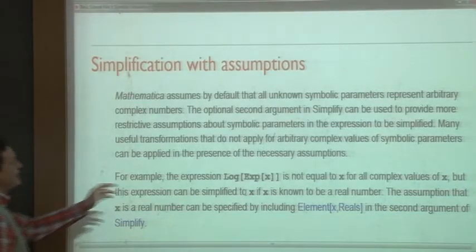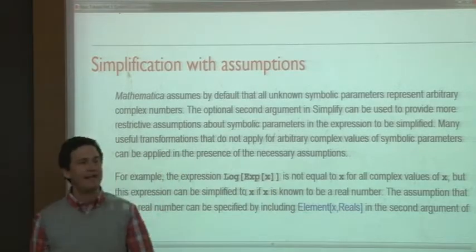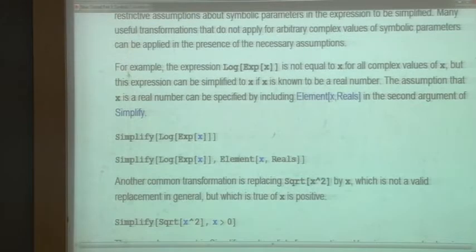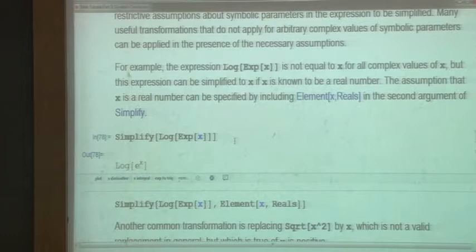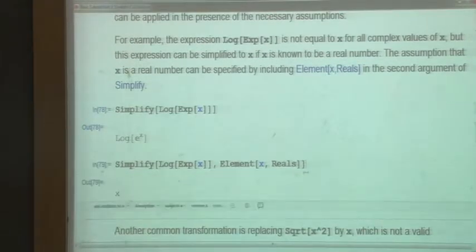We need to tell it that we assume x belongs to the domain of reals. Once we do that, the simplification works beautifully. Here Mathematica doesn't do anything, but when I say this, Mathematica works as expected. So sometimes we need to make assumptions.